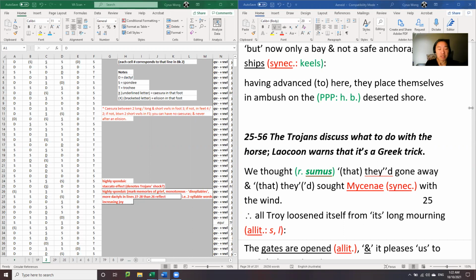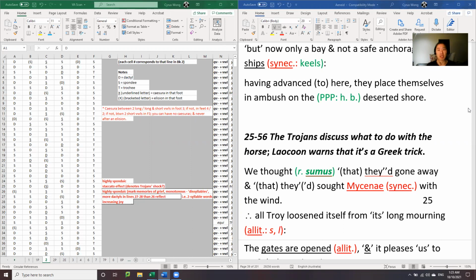So if you have some sort of pursuit or some sort of action, likely you can have dactyls, and a mix might show changes of pace. So that's a simple explanation of spondees and dactyls, which we encountered when I first introduced scansion to you.